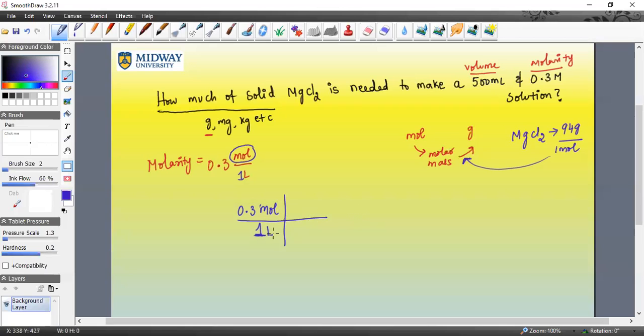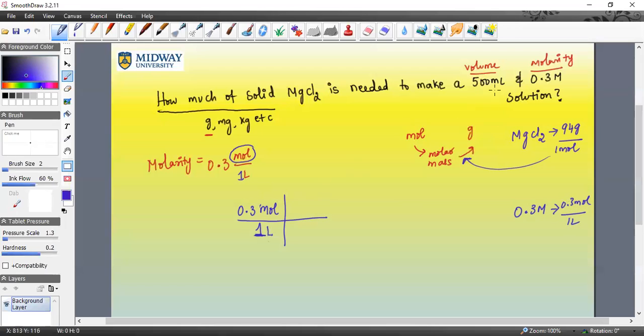The reason I'm writing the liter is for a reason; normally I just write a 1. You could also write 0.3 M, but then you would never be able to see how the mole is there in the M. Whenever you write 0.3 molar, that is the same as writing 0.3 moles over 1 liter. That's what it really means, that's what I keep saying.